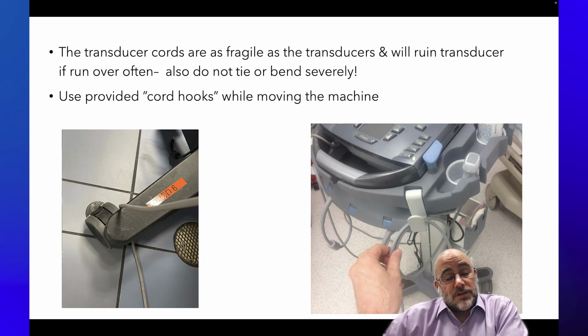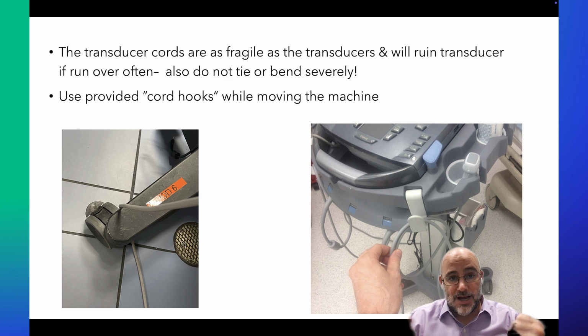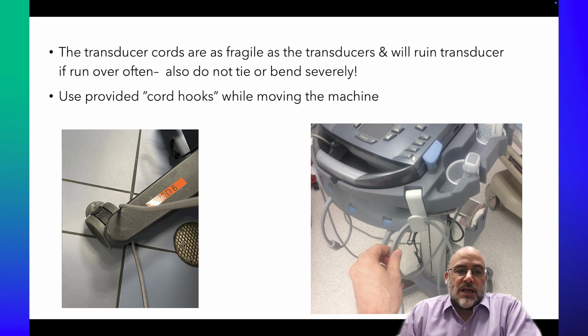Importantly as well, we want the machine to work. One of the things that people tend not to realize is that there are fibers in the cables of the ultrasound themselves, and if those fibers are frayed or bent or torn because of running over the transducer cord with the wheel, because of tying it in a knot, because of folding it too acutely, then the ultrasound probe will cease to function.